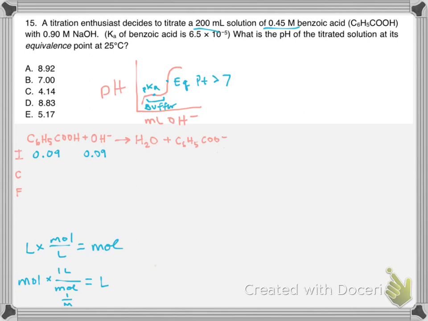So I'm going to go ahead and say that I have 0.09 moles hydroxide, and from my concentration I can say that in 1 liter there are 0.9 moles of hydroxide.